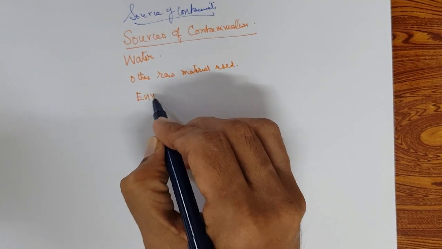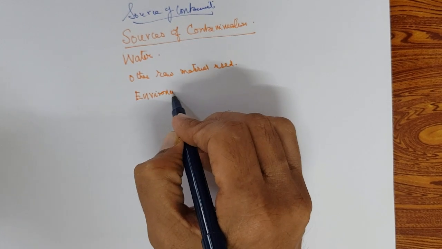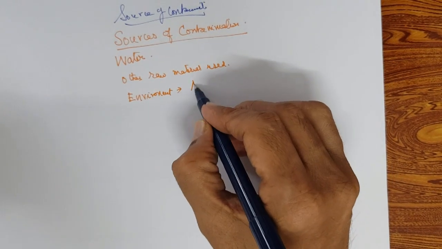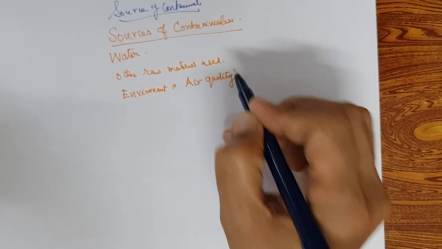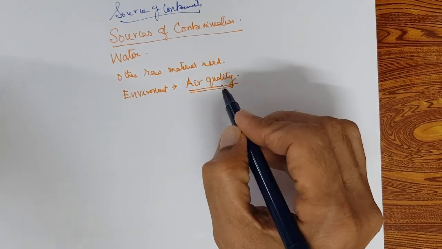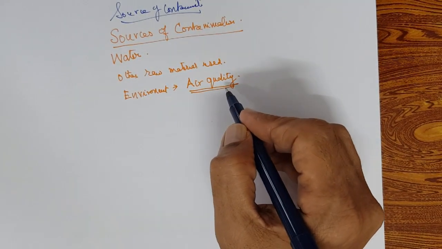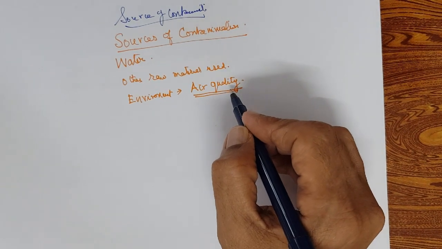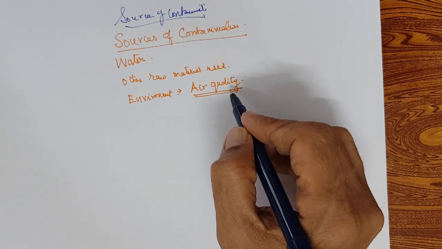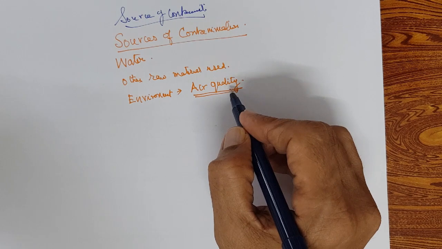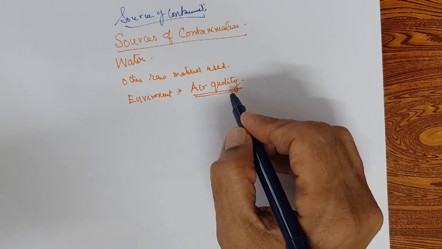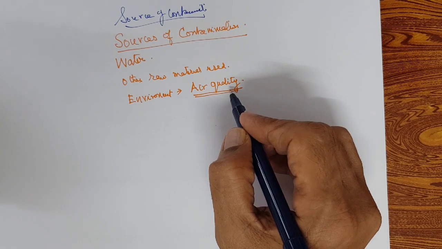Environment. See, the air quality. In the manufacturing area, filling area of the product, and raw material storage area, if the environment itself is contaminated with spores of bacteria and fungi, you have to have good GMP, good manufacturing practices.